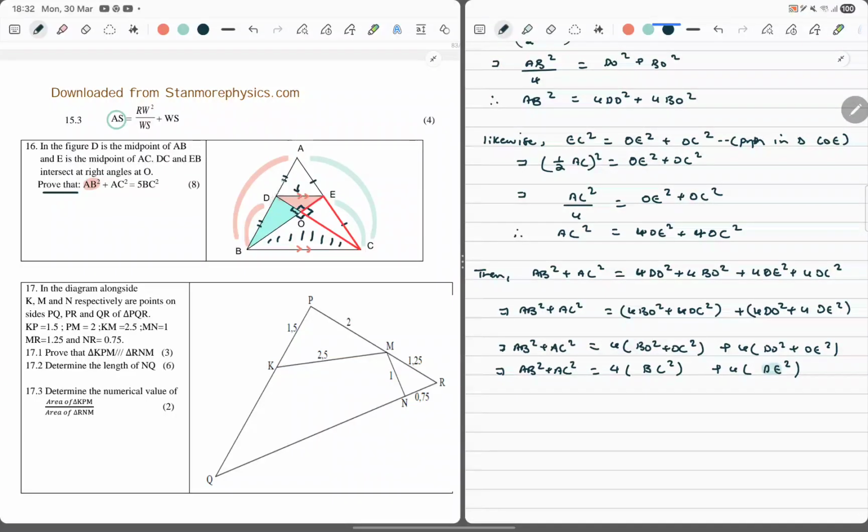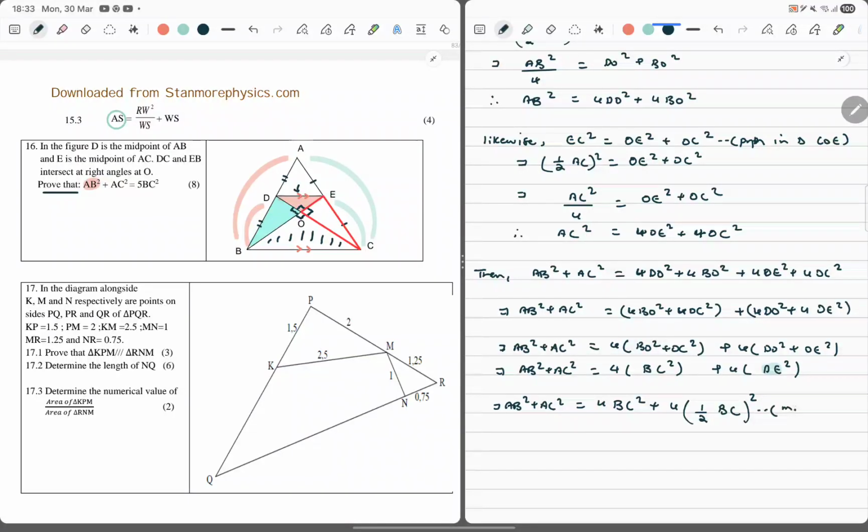So we know that from midpoint theorem, DE is half of BC, isn't it? So we can say this implies that AB squared plus AC squared is going to be equal to 4 times BC squared plus 4 into. Now DE itself is nothing but half of essentially BC all squared.